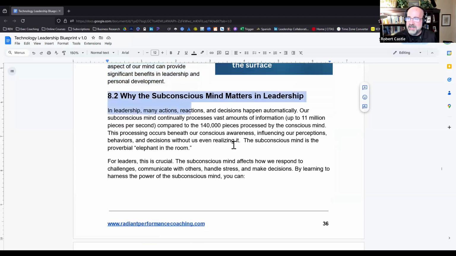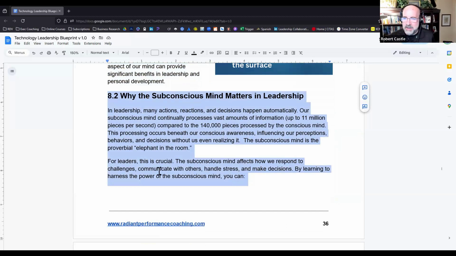So, why does the subconscious mind matter in leadership? In leadership, many actions and reactions and decisions happen automatically. Our subconscious mind continually processes vast amounts of information, up to 11 million pieces per second, compared with 140,000 pieces processed per second by the conscious mind.